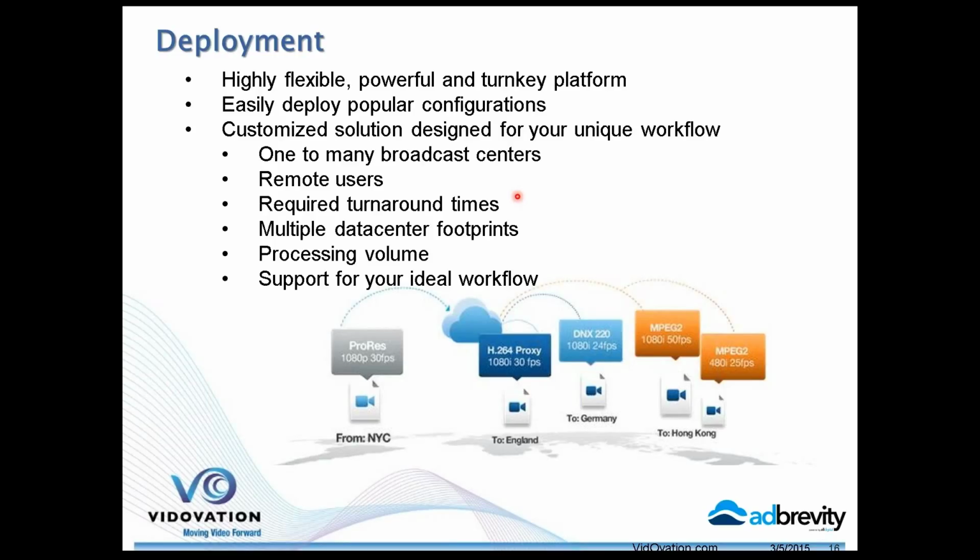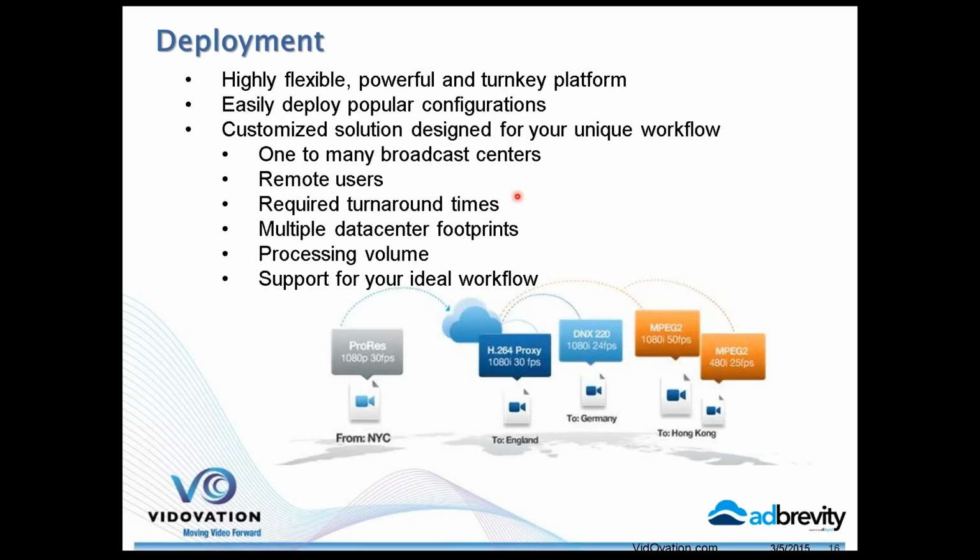We can customize to do one-to-many broadcasts, to hit many broadcast centers. It's common with news bureaus. A produced story comes out of network and needs to be pushed to affiliates, so it gets pushed out through a Brevity file acceleration system to all the affiliates, so they have the story ready for the 6 o'clock news.